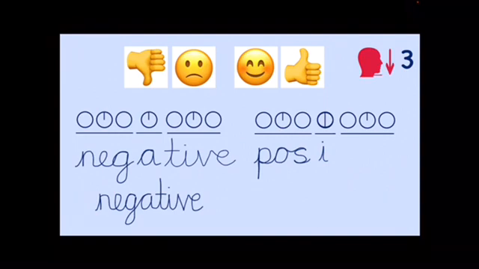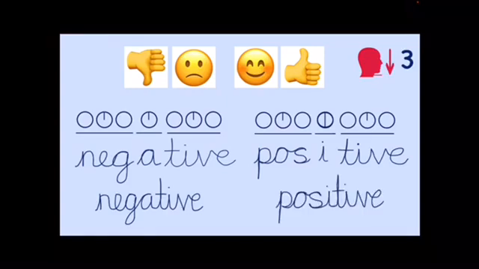Pos I or pos I, tiv, T, I, V. And we add an E because the word ended in a V. Positive is how we say it.